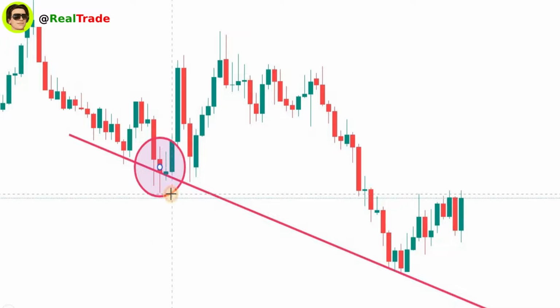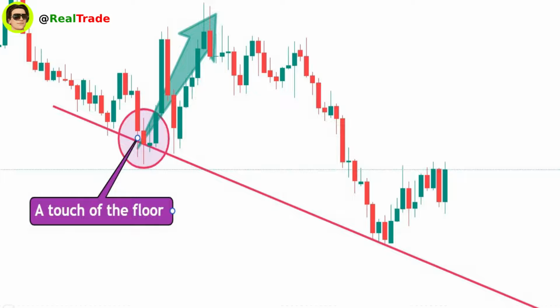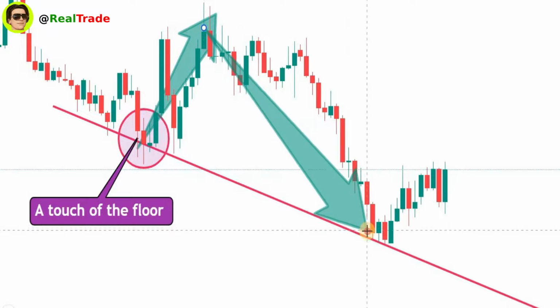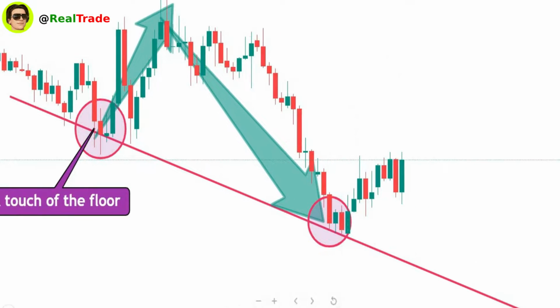Look at here, one touch, back price, and sell, two touch, back price, go buy.